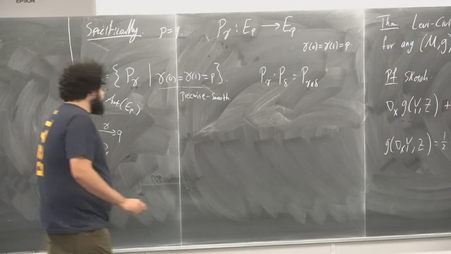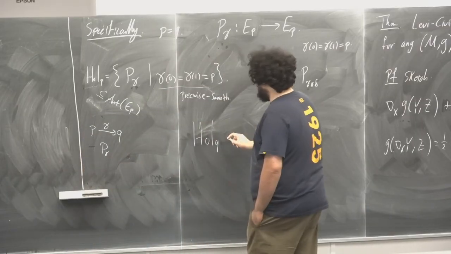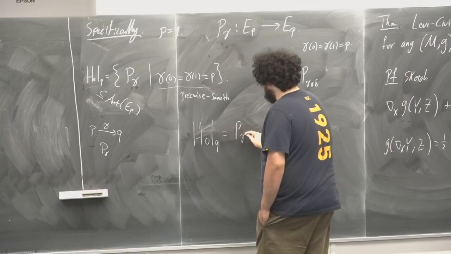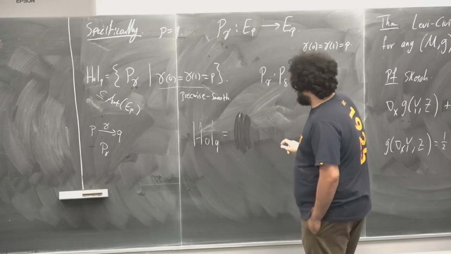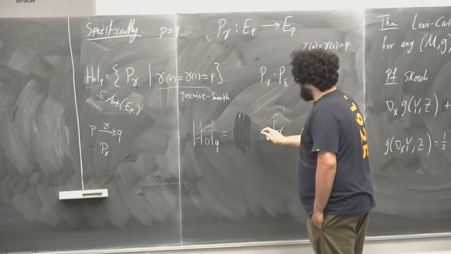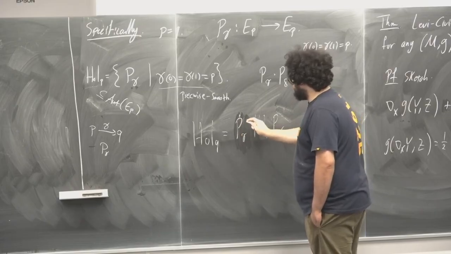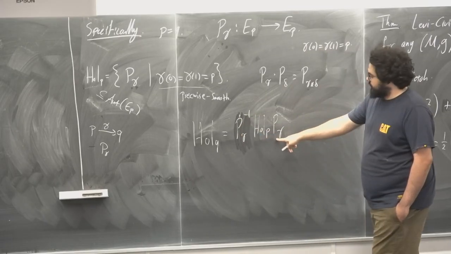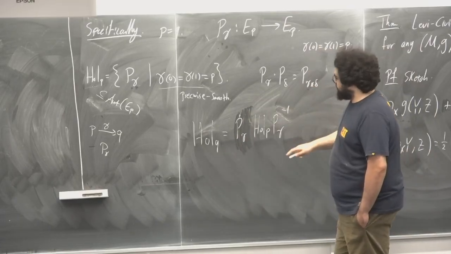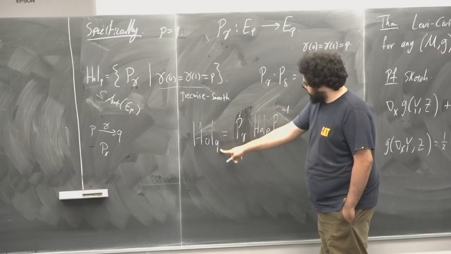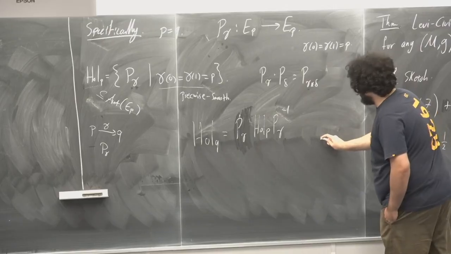And one can show that Hol Q is equal to P gamma, then Hol P, then P gamma inverse. I don't want to mess this up. You're based at Q, so you first go back to P. I'll draw the picture here.